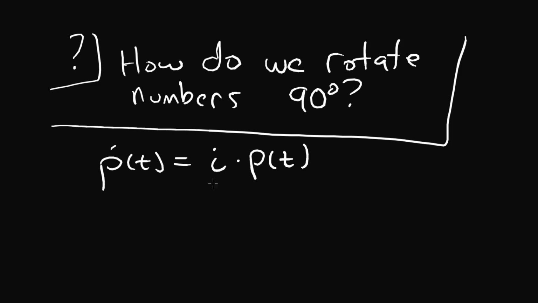This is called a differential equation, and in a later video I'll show you how to solve it, but for now you just have to trust me that the solution is this. p of t is equal to e to the i t.